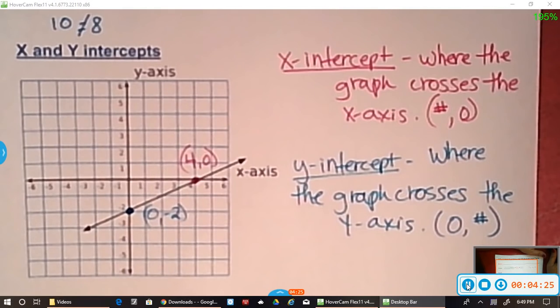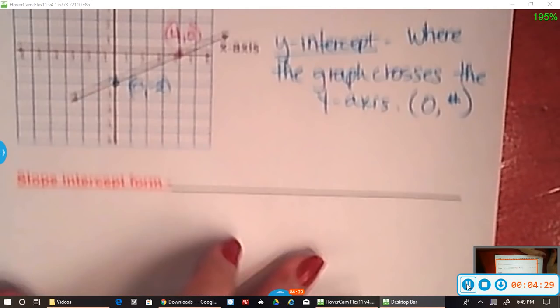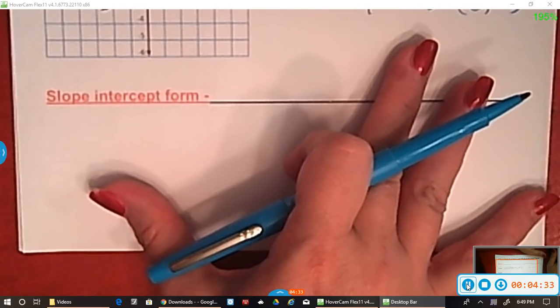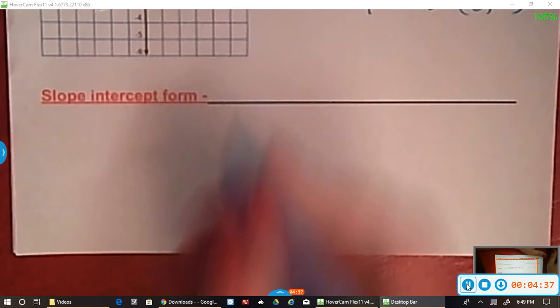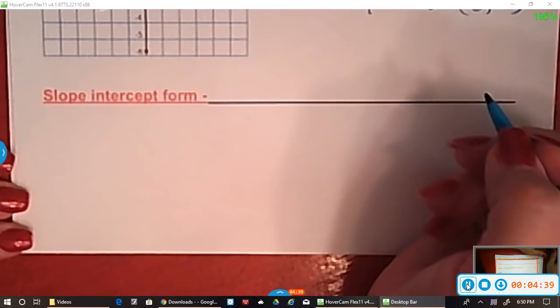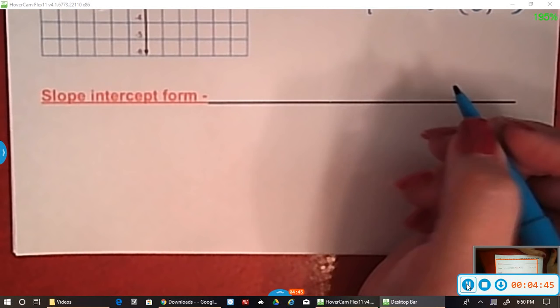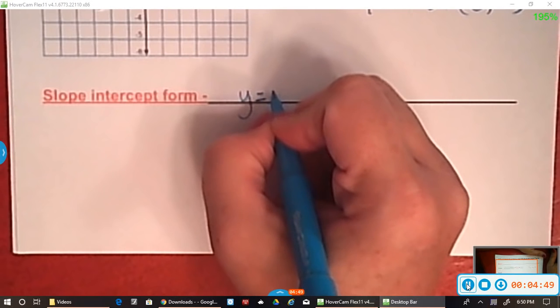So now we're going to talk about slope-intercept form of a line. Like I said, shouldn't be anything new. I'm just doing a little bit of review here. Slope-intercept form is a form of the line in which you can quickly and easily figure out the slope of the line as well as the y-intercept. So here's your formula for slope-intercept form.